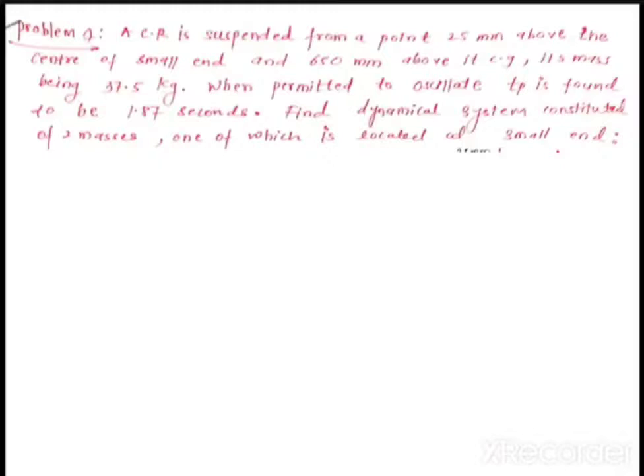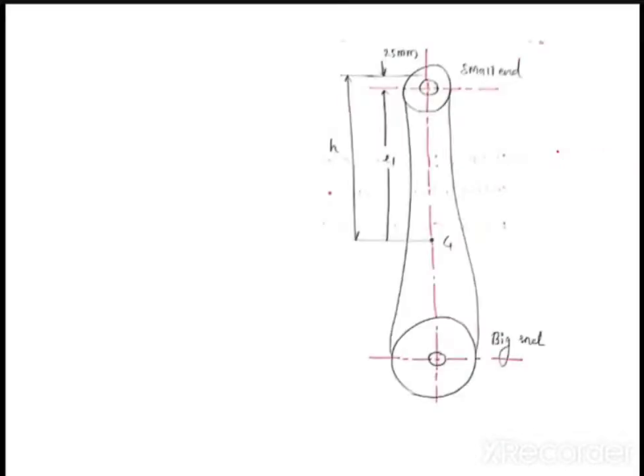Okay, so first of all, guys, you have to draw this figure. First of all, draw the figure of connecting rod. So this is nothing but a small end. This is nothing but a big end.